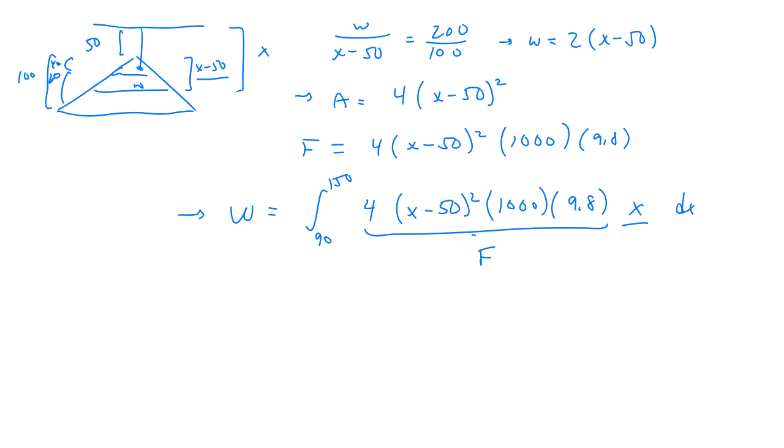I should say, for this one, we pretty much never have you actually do the integral, even though you can see it's not actually too bad. We're just getting a cubic. But if this does become a multiple choice, you might have to simplify things. So obviously, the 4 times 1,000 times 9.8 is just a number.